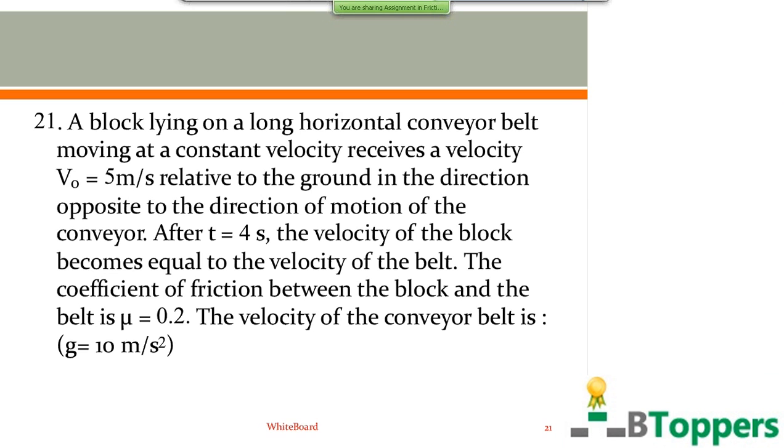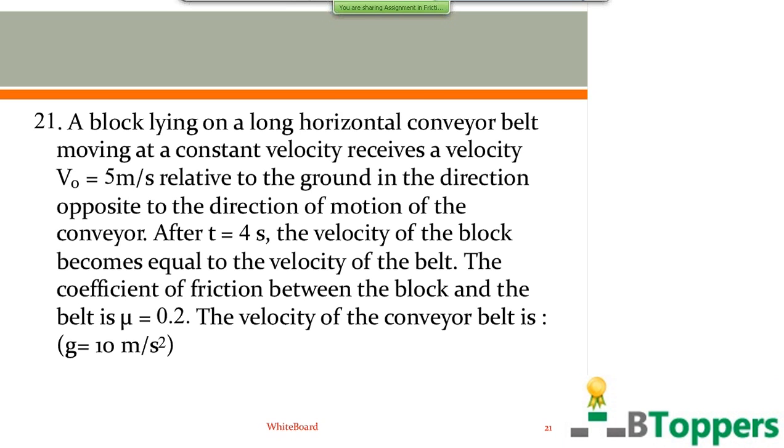After t equal to 4 seconds, the velocity of the block becomes equal to the velocity of the belt. The coefficient of friction between the block and the belt is mu equal to 0.2. The velocity of the conveyor belt is? You have to take g equal to 10 meters per second squared.